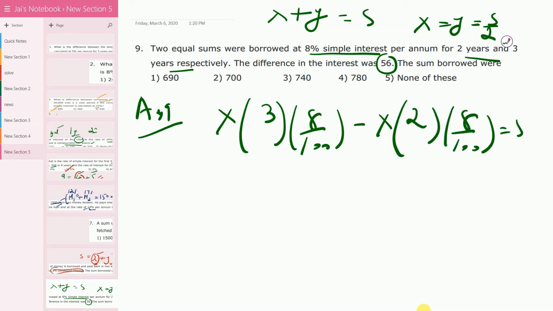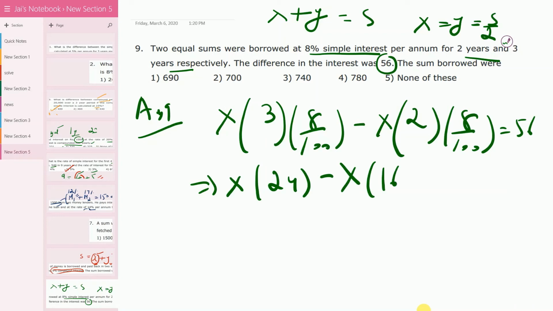So from here you can calculate the value of x, you just need to solve the given equation, and the value of x comes out to be 700 rupees. So the sum that was being borrowed is option B, the right answer.